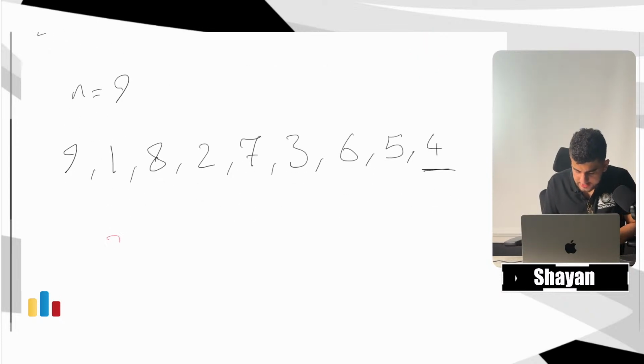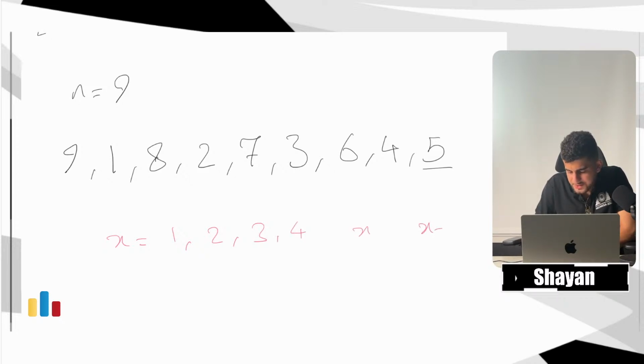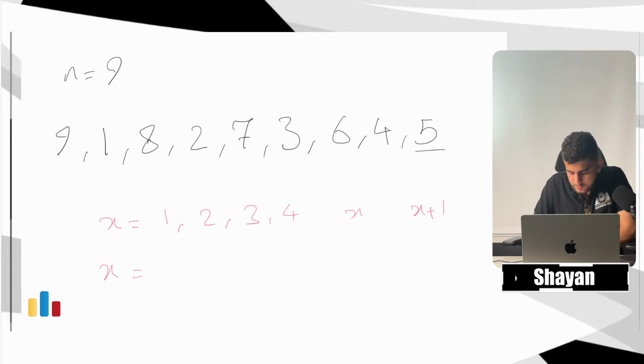Then for every x from 1, 2, 3, 4, every x less than or equal to (n minus 1) over 2, x plus 1 comes after x. For x equal to 5, 6, 7, and 8, x plus 1 comes before x.